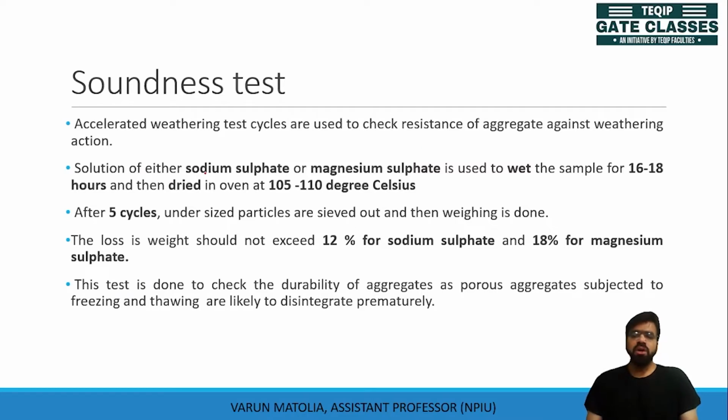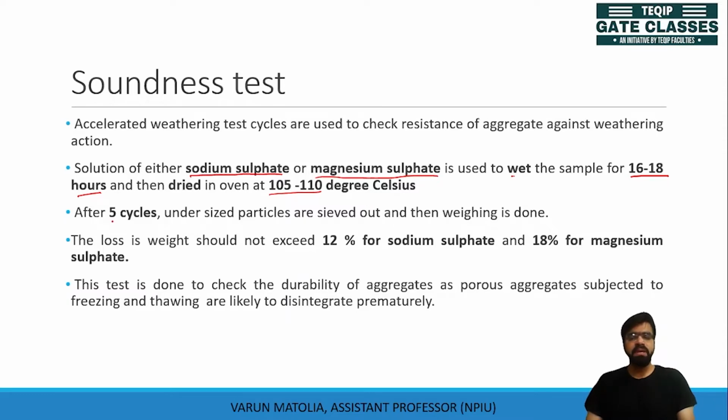A solution of either sodium sulfate or magnesium sulfate is used. The sample is submerged for 16 to 18 hours in this sodium sulfate or magnesium sulfate, and after 16 to 18 hours the sample is taken out and dried at a temperature of 105 to 110 degrees Celsius.